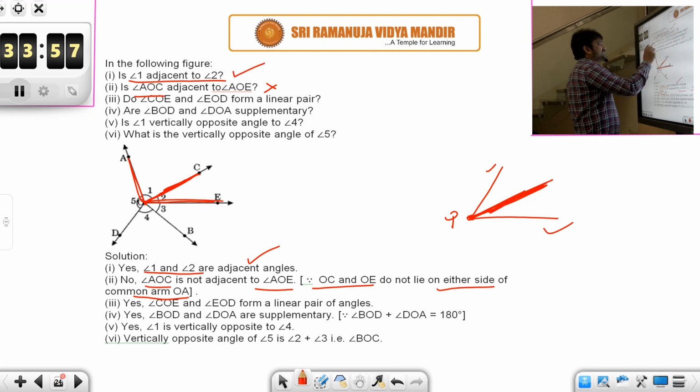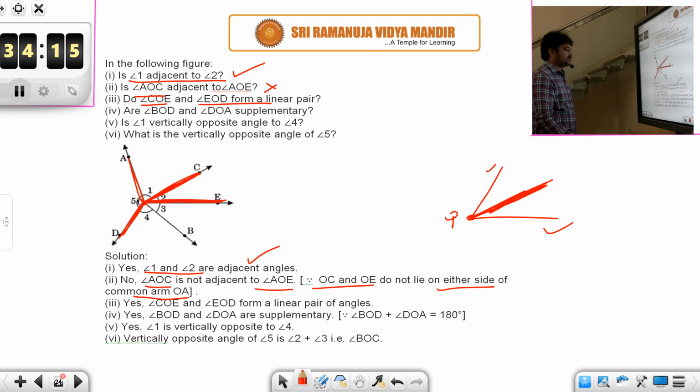Next, do angle COE and EOD form a linear pair? See, you have been asked COE and EOD.